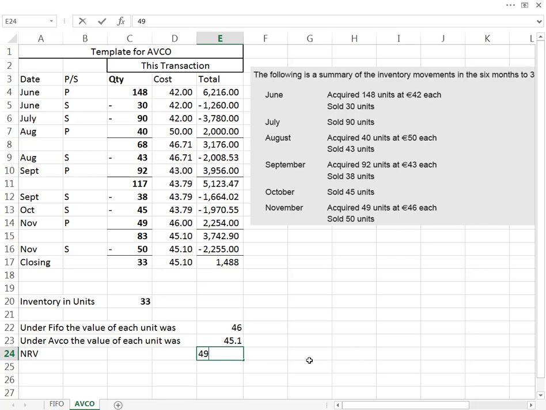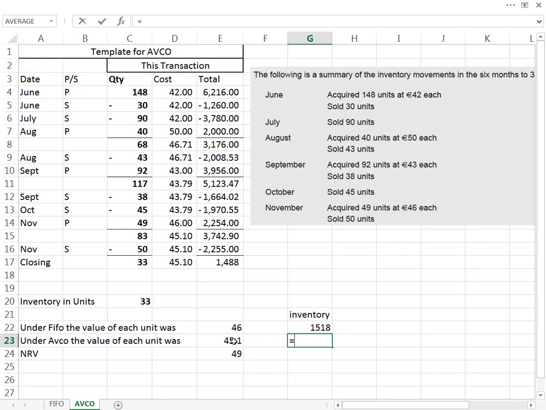Okay, so that being the case then, all I want to say to you is that the net realizable value is higher than both the AVCO value and the FIFO value. So if we take the inventory valuation for each one of those, under FIFO it's equal to 46 multiplied by 33.